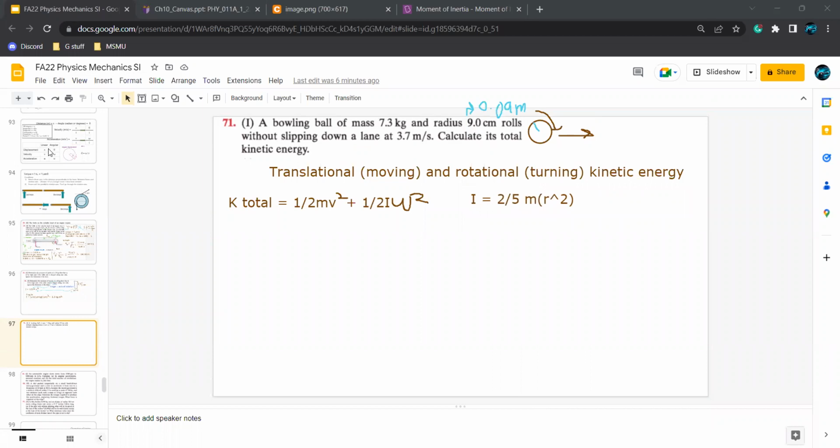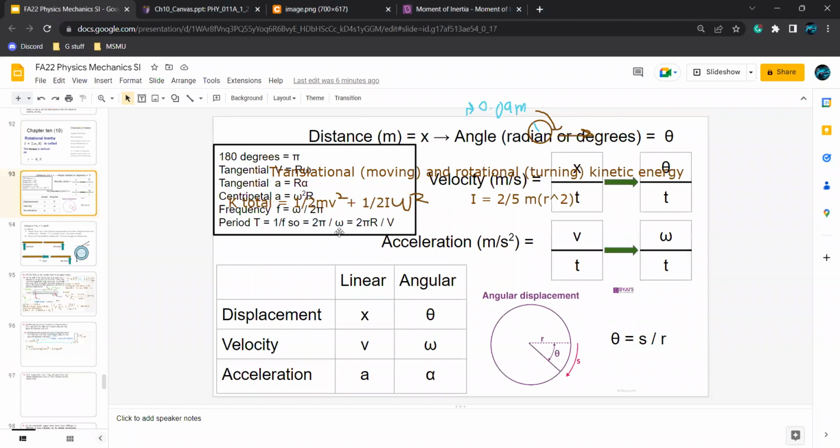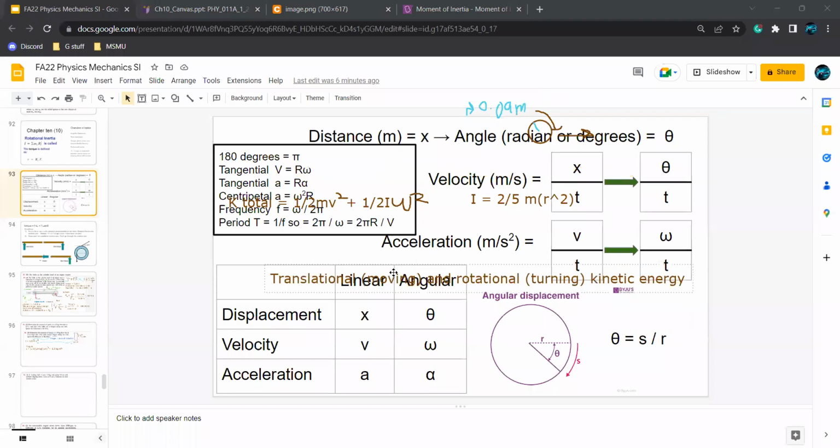And then also note that from earlier, there's an equation back here that says, let me see if I can move something. Yeah, here. This one: v is equal to r omega.